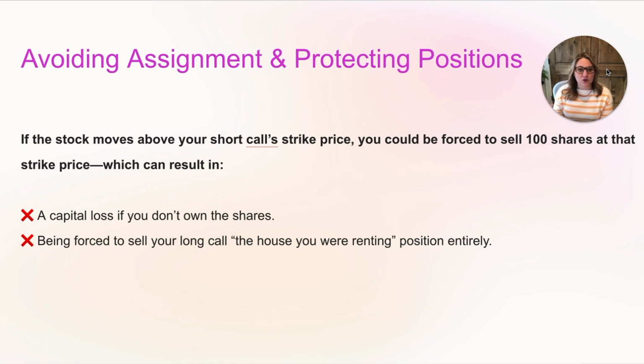So if it happens even for just a minute, you can go into your account and go, oh my gosh, I've just been charged $20,000 because I had to provide 100 shares that were worth $200 a piece to somebody because I sold that option. Okay, so that's why you want to roll out.